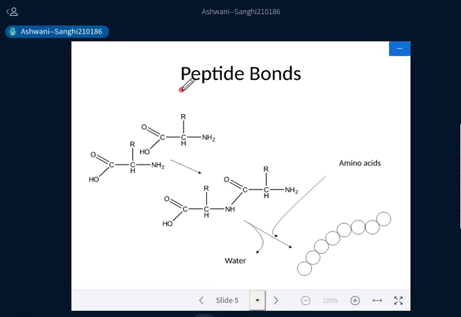These amino acids are joined together by a bond called the peptide bond. The peptide bond is the bond between the carboxyl group and the amino group.